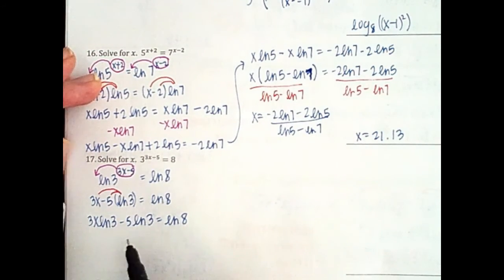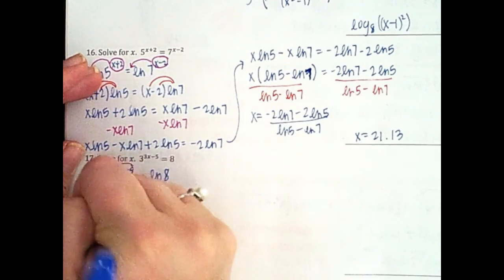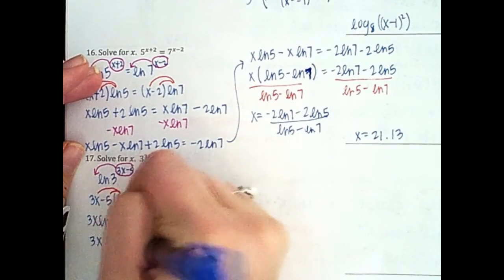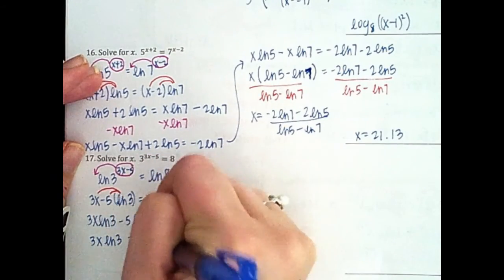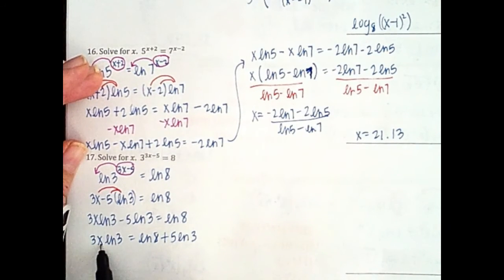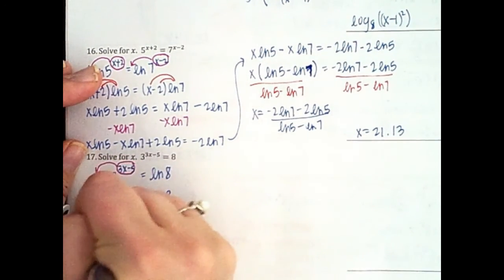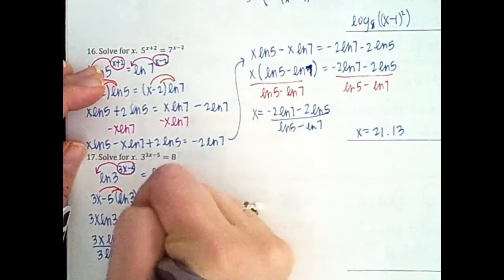Remember, our goal is to get x by itself, so I'm going to add 5 ln of 3 to both sides. And then again, x needs to get by itself. These two things are being multiplied by x. So all I need to do is divide both sides by 3 ln of 3.